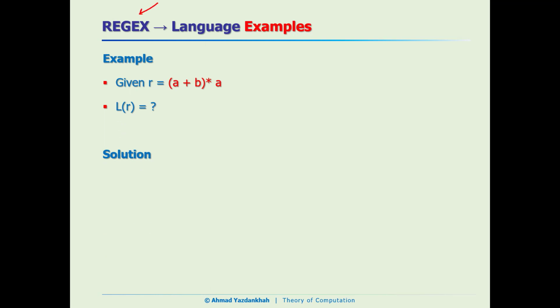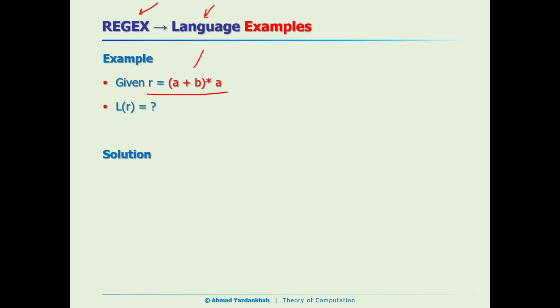This is another example. We still have a regex and we are looking for the language. In practice, it's not the case that we always use the calculations, right? After a while, when we see something like this, we need to be able to write the language.